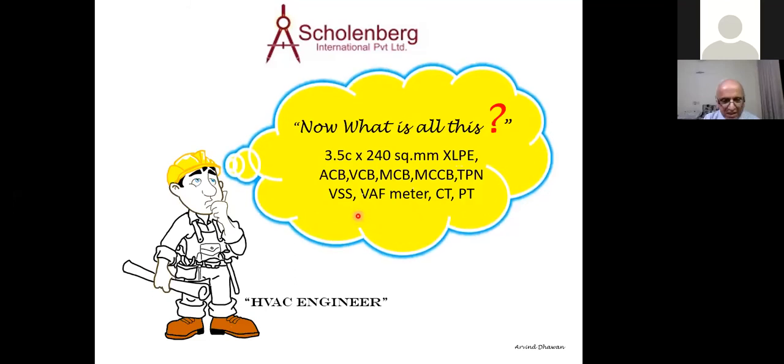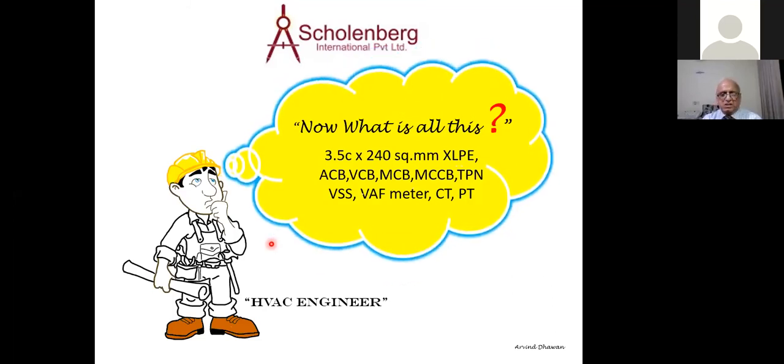What is all this? If you are a construction engineer, the project is only said to be commissioned when the electrical is also completed to the satisfaction of the tender conditions. Very important to know, understanding the tender conditions.